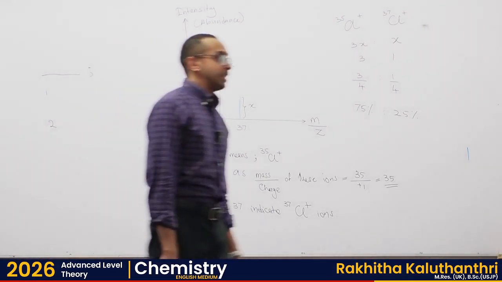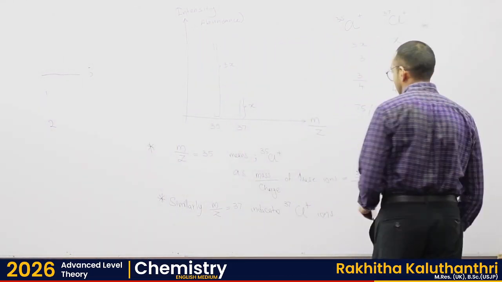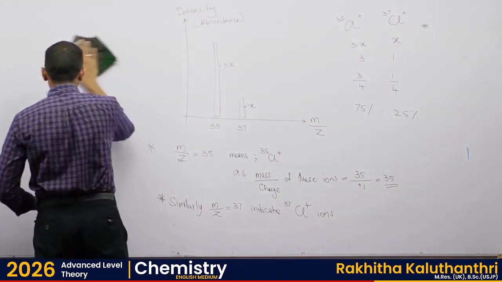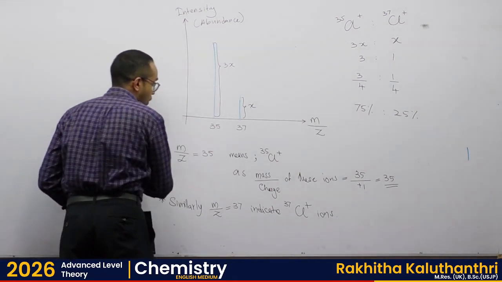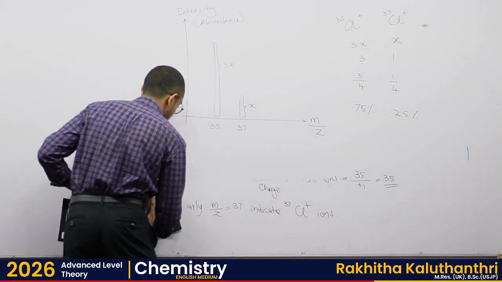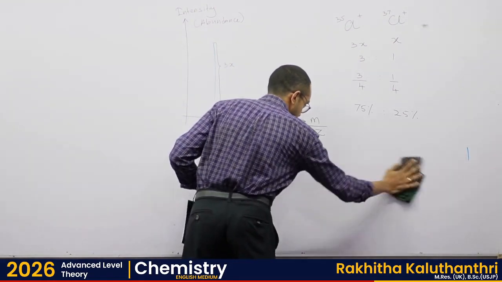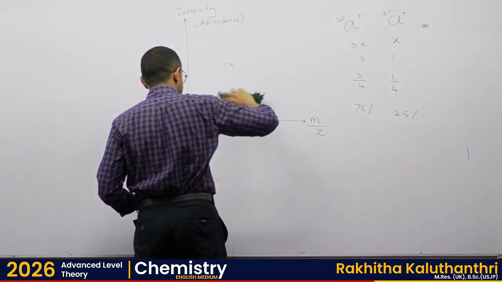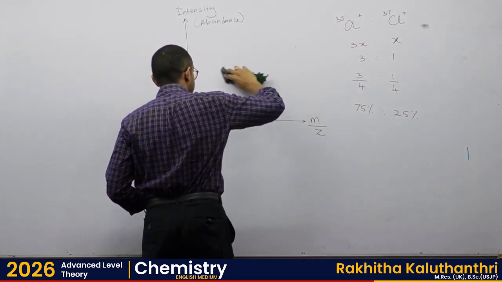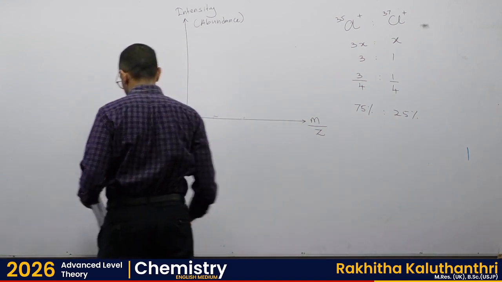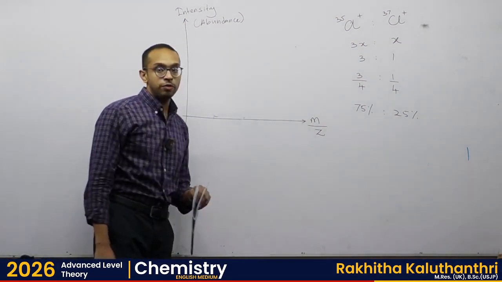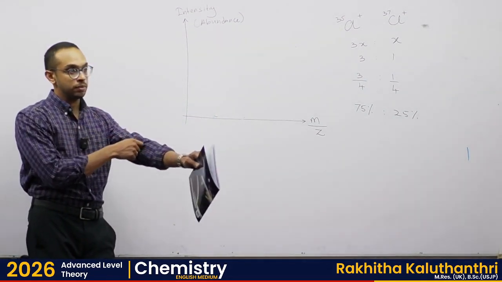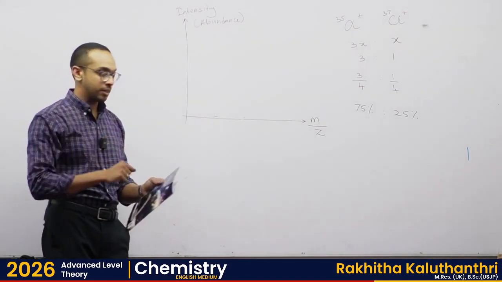A sample of neon gas was analyzed with the use of a mass spectrometer. Based on the information below, answer the following questions.